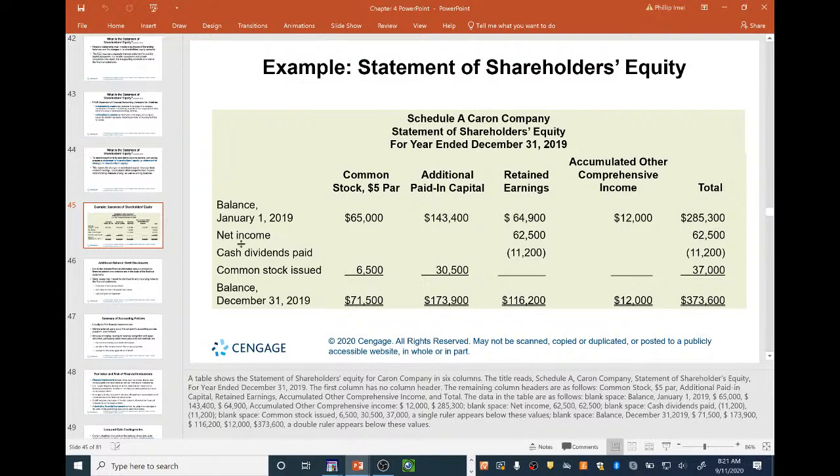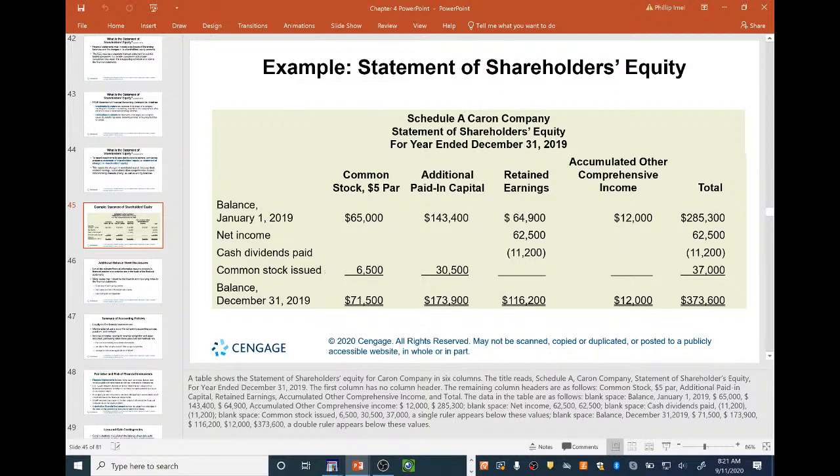And then from down here, we just record the activity that occurred throughout the year. So first, net income. We had $62,500 in net income, so we were profitable that year. Remember, net income is closed to retained earnings. That's why it's increasing. It looks like the company declared and paid cash dividends of $11,200. So obviously that's going to affect retained earnings. It's going to decrease it. That's why we see it going down here.